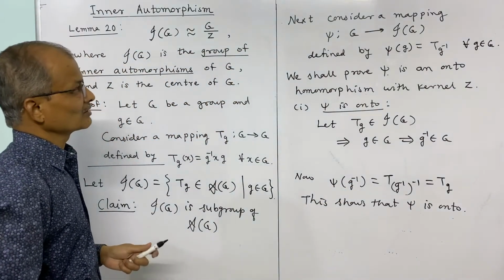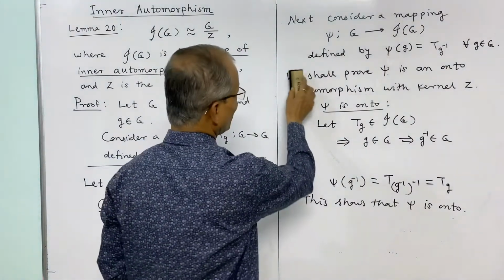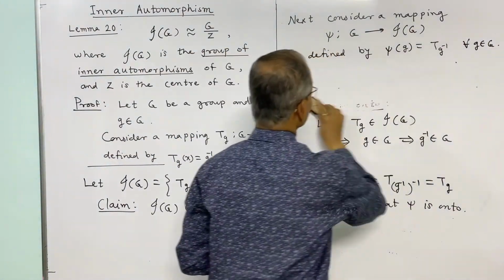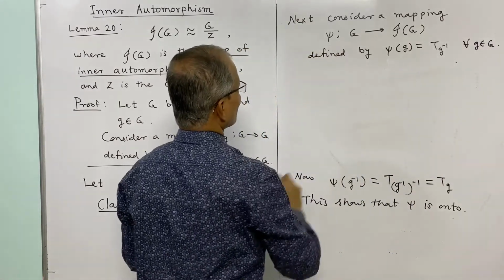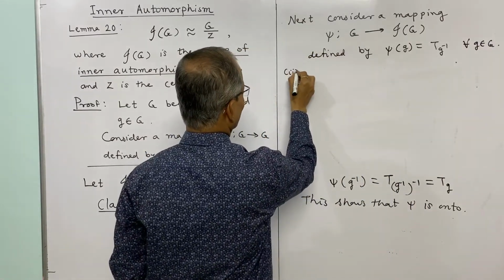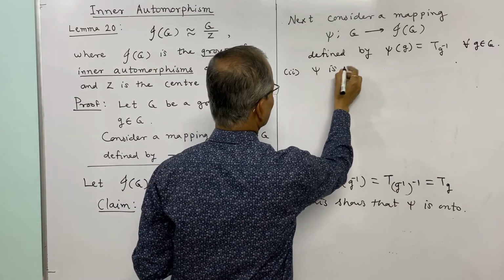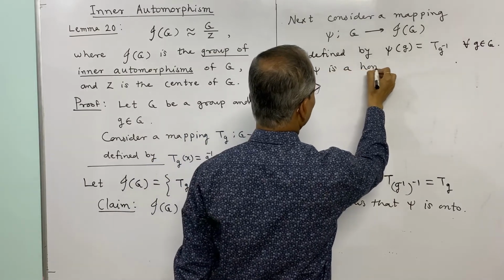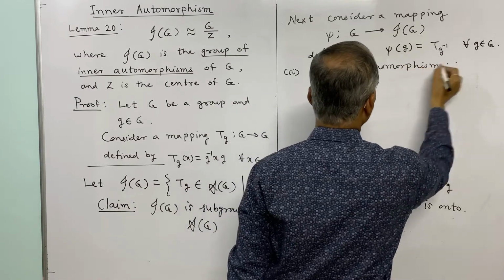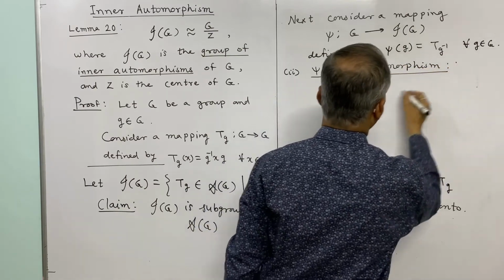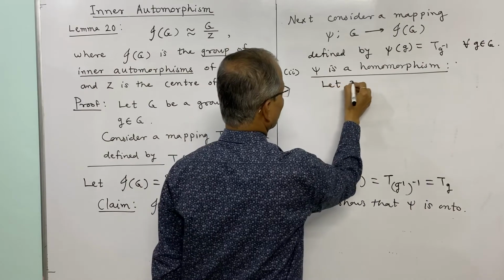Now next, second, psi is a homomorphism. To prove it is a homomorphism, let x, y belong to G, two elements.